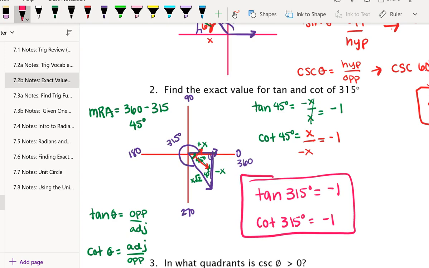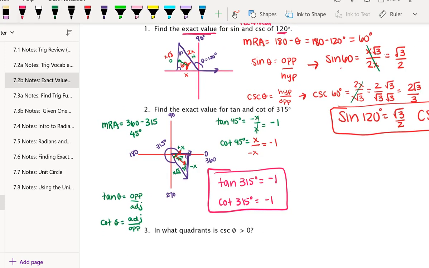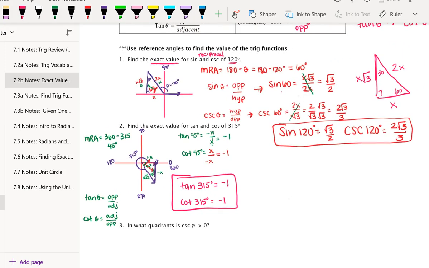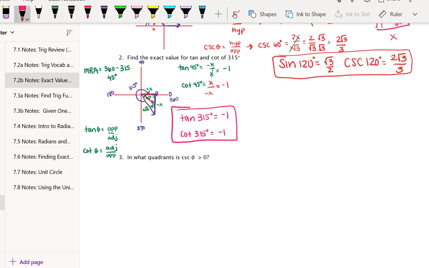Okay, now one thing to be cautious about is our signs. We have a mnemonic, or an acronym, I can't remember which one it is, to help us remember what the signs should be in each quadrant. That's going to help us address this question: in what quadrants is cosecant theta greater than 0, or positive.